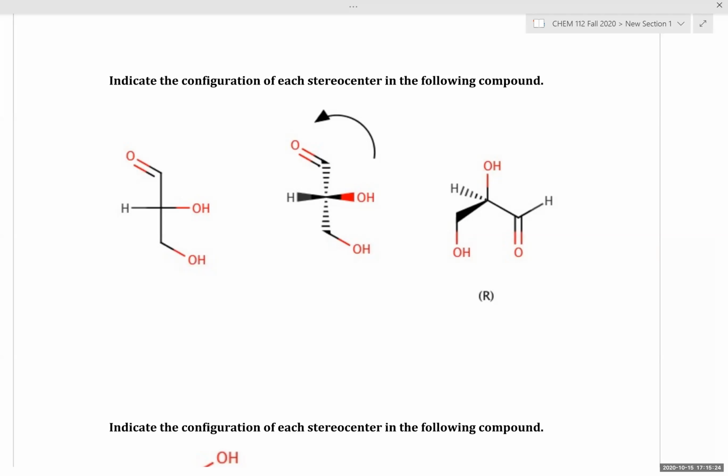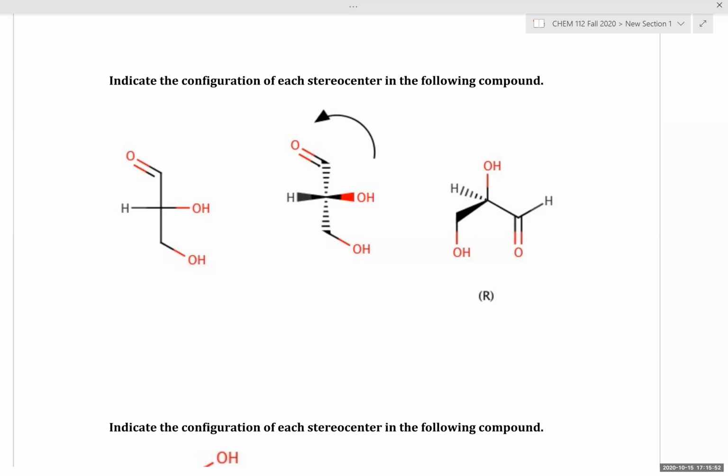Just like before, we're trying to visualize bond rotation in order to most accurately portray this Fischer projection structure using dash wedge notation. It's also invaluable at assisting us in assigning the stereochemistry given a Fischer projection.